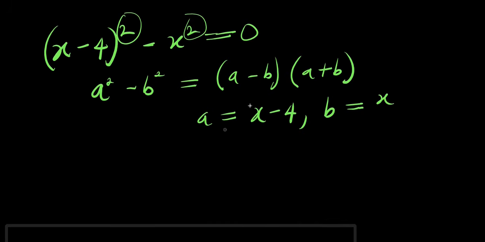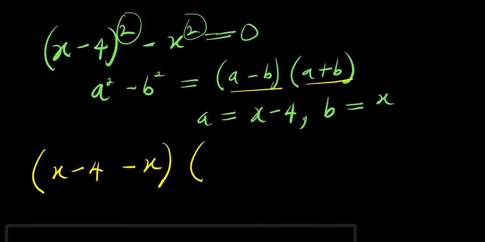From here, I will substitute them right here. I will have a minus b. A is x - 4, minus b, that is minus x, times a plus b. This is x - 4 plus x, and this equals 0.